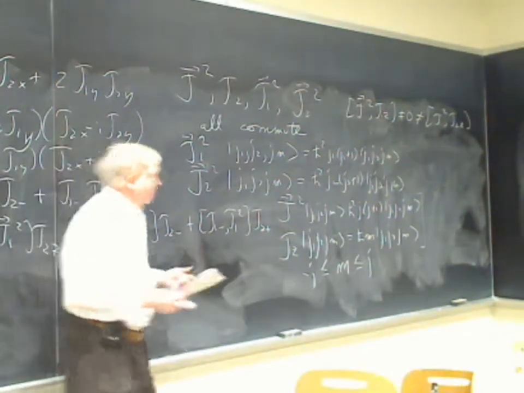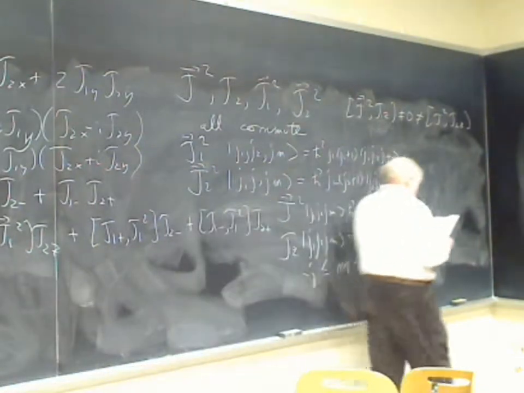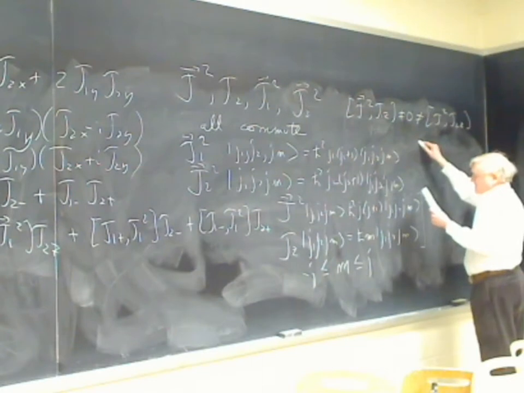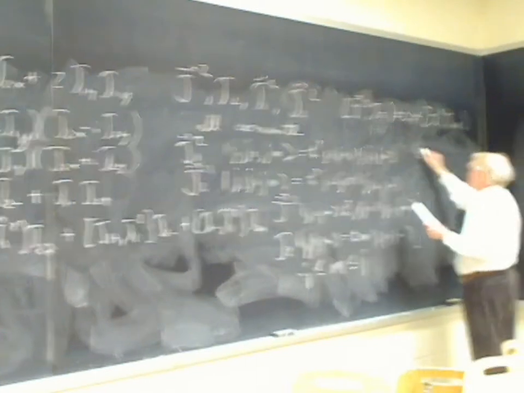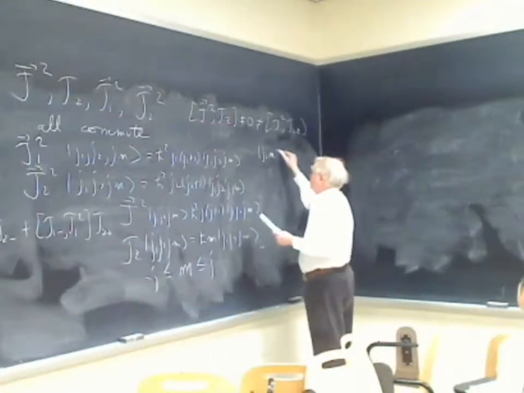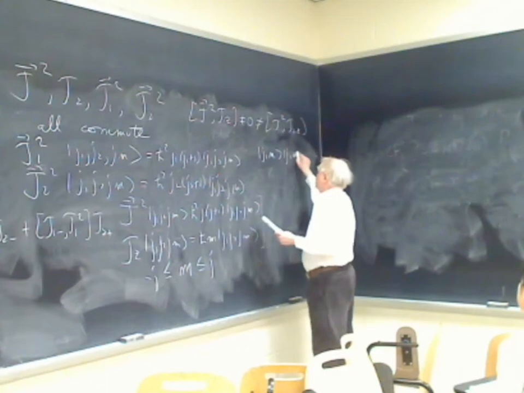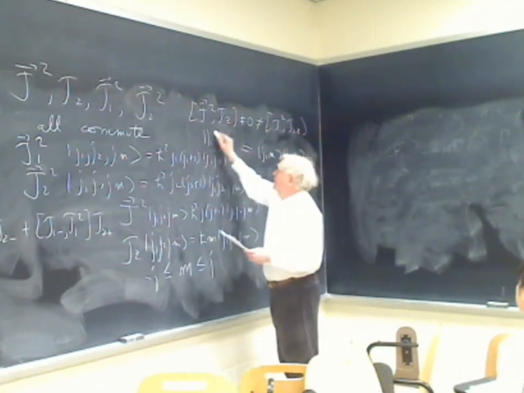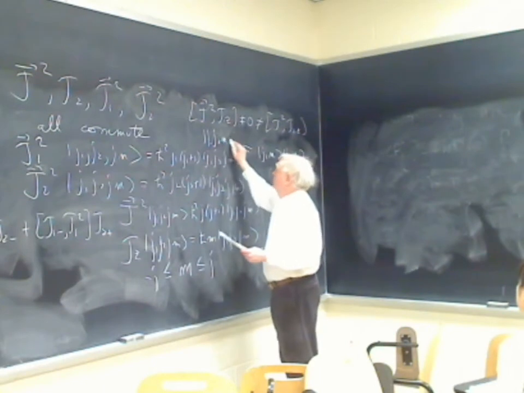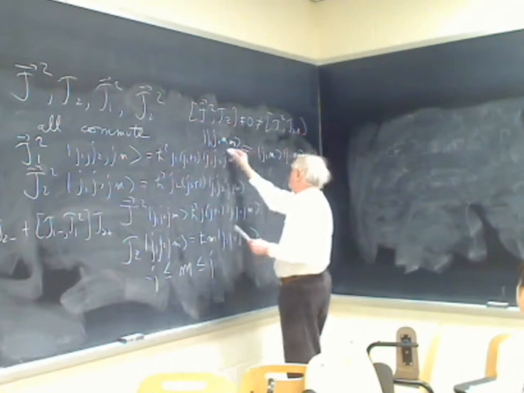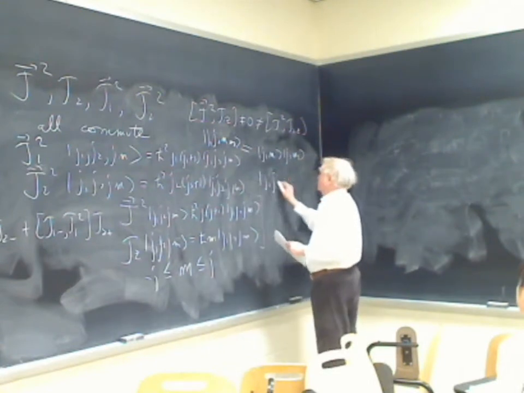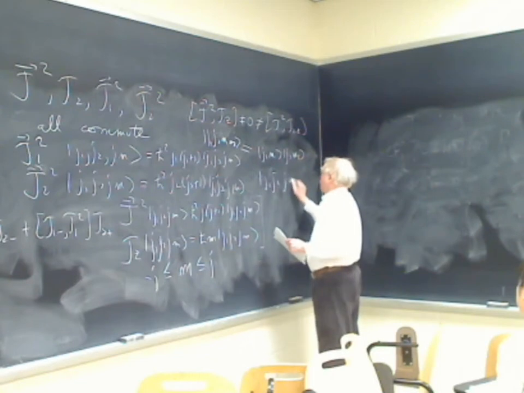All right. So we now have two complete orthonormal sets of states, 2 bases: |j1, m1, j2, m2⟩, also known as |j1, j2, m1, m2⟩. This is the conventional way of writing it, but I think this causes confusion. And the other one is |j1, j2, j, m⟩.